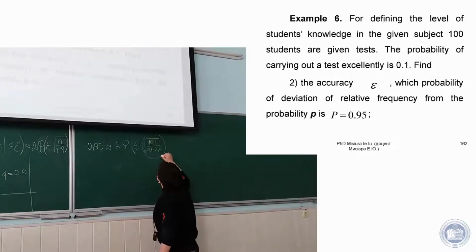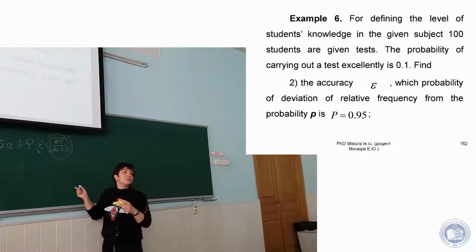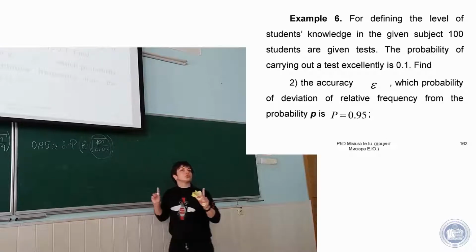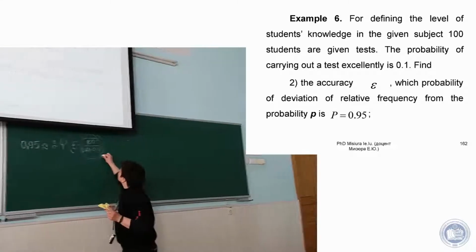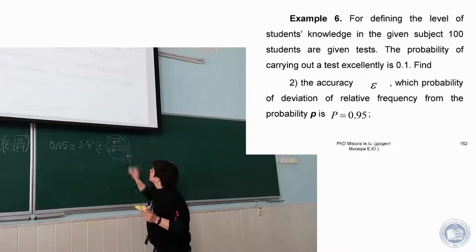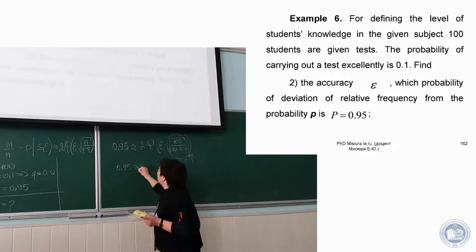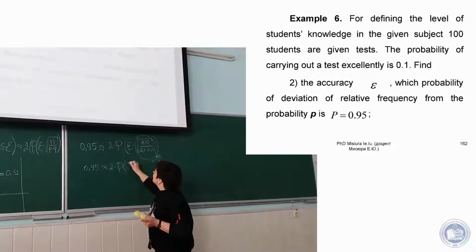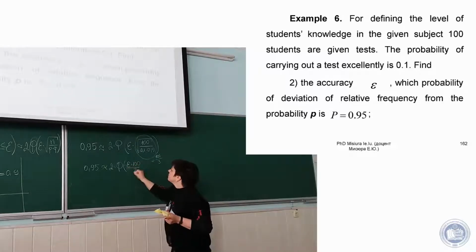Students, please recall this root from the previous example. This root equals root of 100 divided by 3. Let's substitute. 0.95 approximately equals 2 times phi of epsilon multiplied by 100 divided by 3.